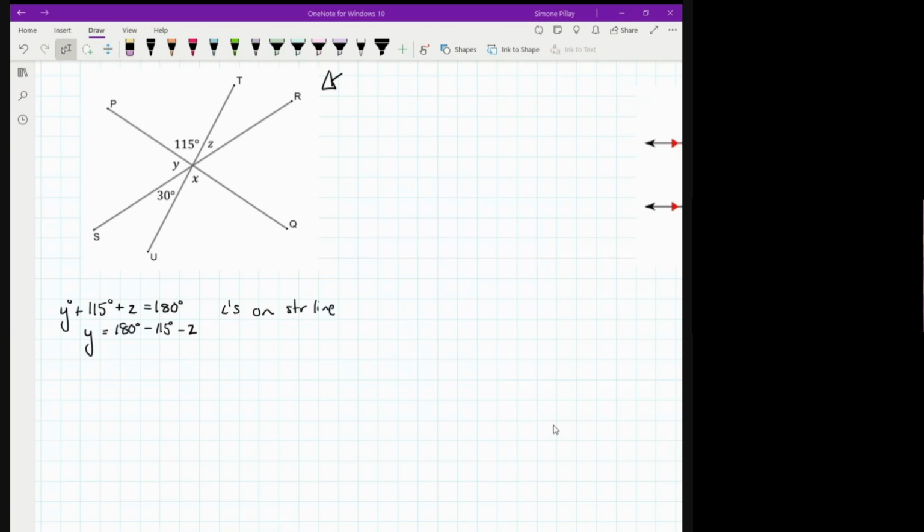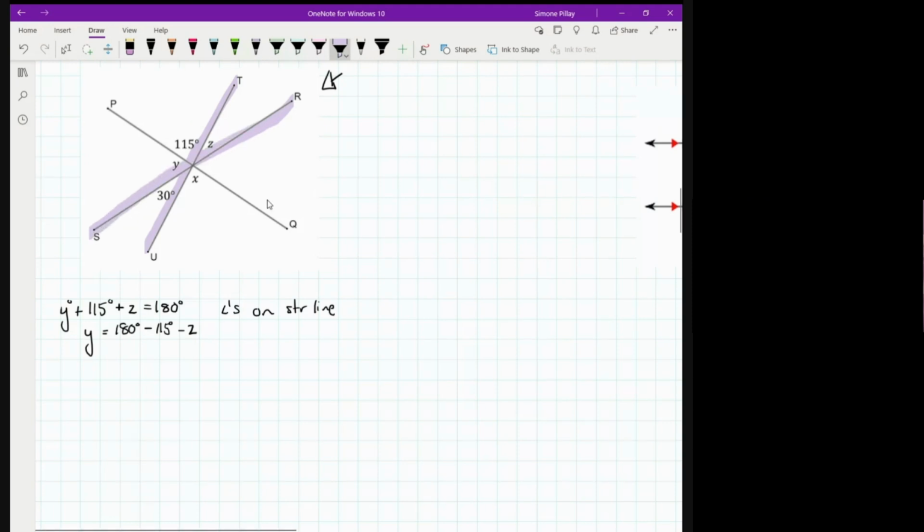Yes, Itandile. Ma'am, I see vertical opposite angles, and my vertical opposite angles is z equals 30. Okay, there we go. So Itandile sees straight line TU and RS over there.